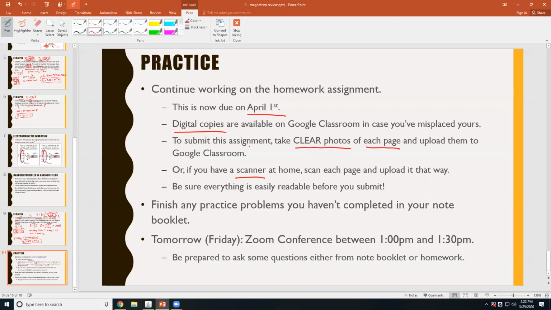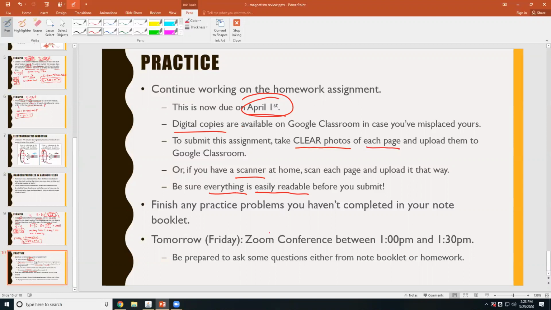But regardless of how you upload it, make sure that everything in the digital document you submit is easily readable. Now, if you can't, for whatever reason, submit photos or scan anything like that, if that's going to be a problem for you, you need to send me an email as soon as possible. We'll try to figure something out. And again, if this whole April 1st deadline thing changes, I will let you know. Just keep your eyes on Google Classroom. I'll make it very clear for you.